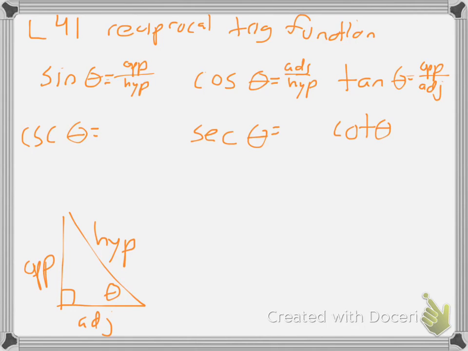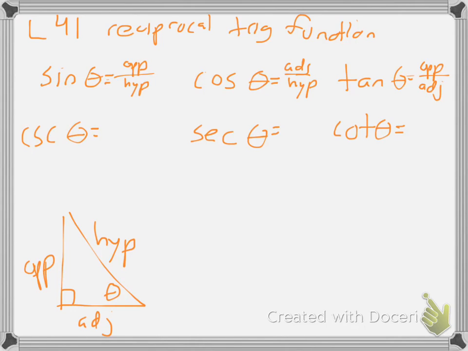Now, the cool thing about these ones is in the name of it. They're reciprocal functions. So you have to take the reciprocal, which means take the fraction and flip it.